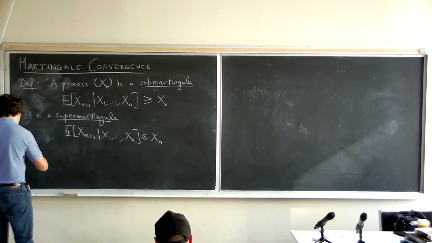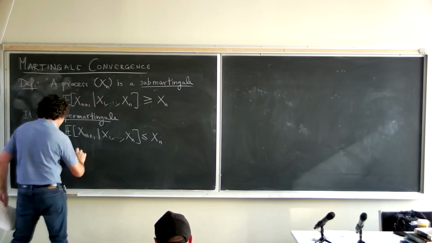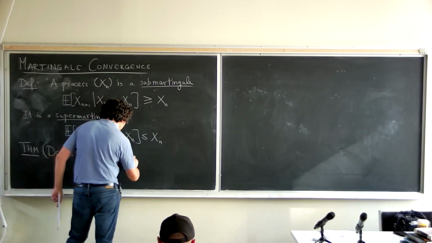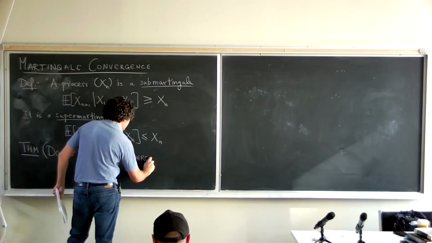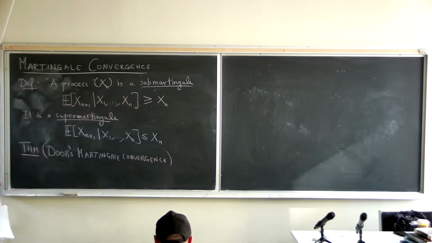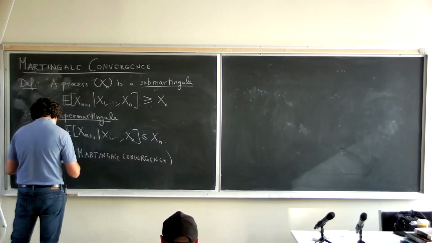The theorem, which is due to Doob, Doob's martingale convergence theorem, basically in words tells us that an integrable submartingale or supermartingale converges almost surely. And if you want a slightly more general condition, you can just ensure the integrability of the positive part or the negative part. So in fact, the correct way to say it is like this.